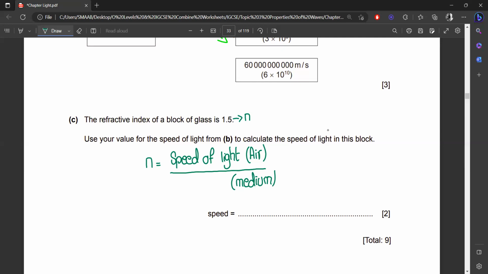I'll write it in standard form. Because we already have the value of the refractive index, we just need to find the value of the speed of light in the medium. It's 2 times 10 to the power 8.